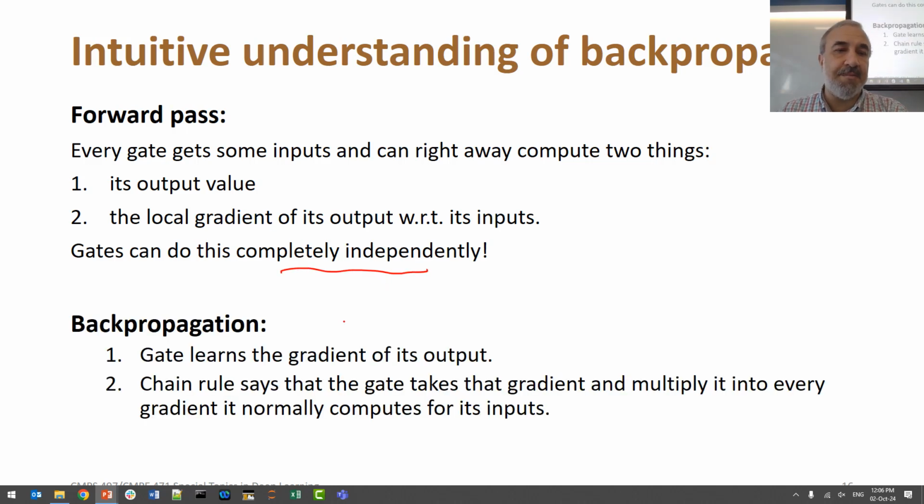And then in the backward pass, the whole thing is called backpropagation, by the way, we learn the gradient of the output with respect to every input. This is done by the chain rule, and we can do that backwards. Every gate knows the gradient of the final output with respect to its own output, and knows the local gradient, so it will multiply that by that and move backwards.